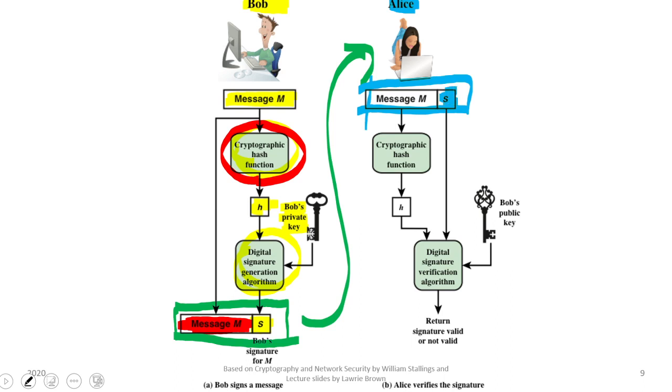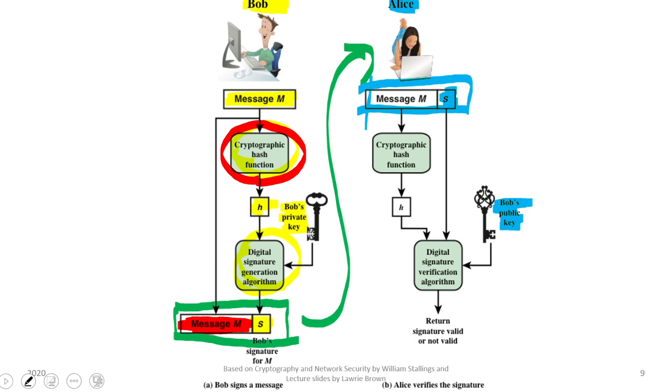Then, what essentially Alice is going to do is verify the signature that was created by Bob using Bob's public key. So, Bob used the private key to sign. We will use Bob's public key to verify.